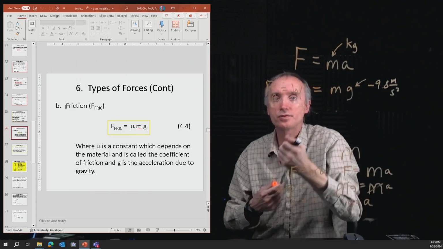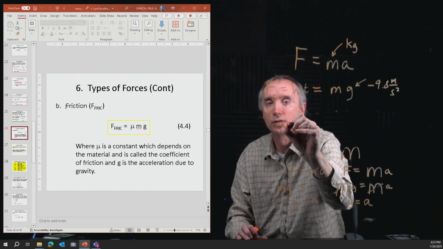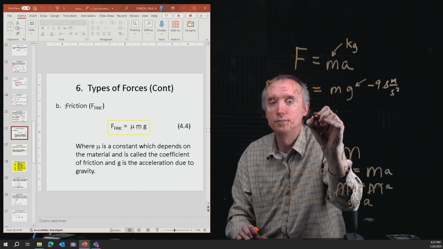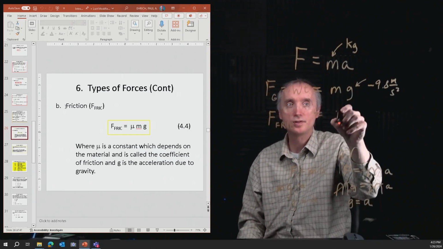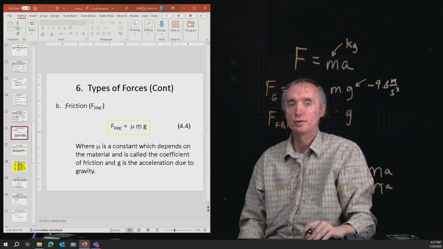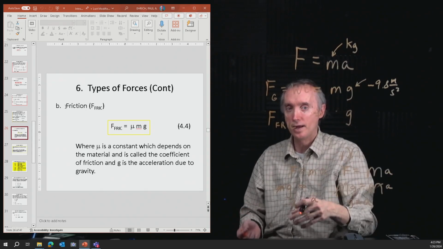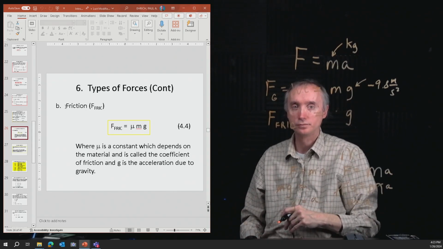So the force of friction, what does it depend on? You notice it's got the g, so friction depends on gravity. You're going to have more friction on a planet that has more gravity.